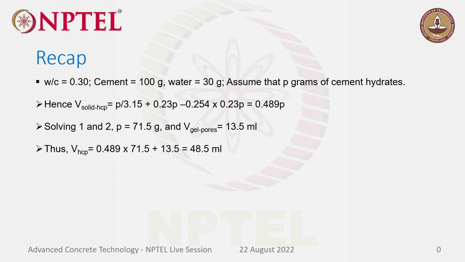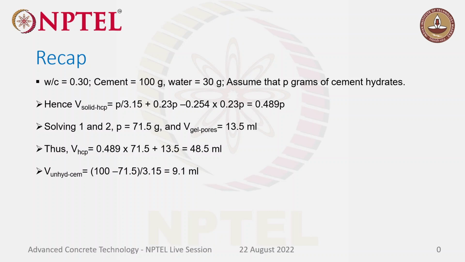To calculate the volume of total hydration products, it is the amount of cement hydrated, 0.49 into P, plus the gel water. Once we calculate the total hydration products, we have to calculate the amount of unhydrated cement, because here we know that some percentage of cement does not hydrate, right?